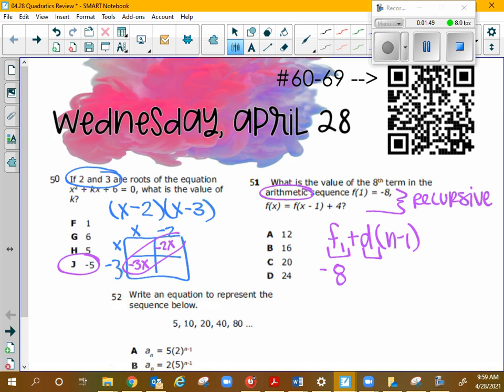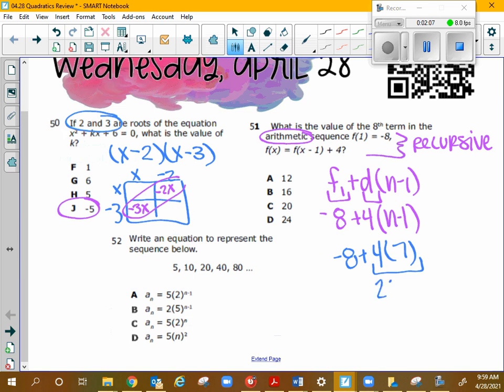What's d? 4. And if I'm trying to find the 8th term, then it's going to be times 7. Very good. So negative 8 plus 4 times 7. What's 4 times 7? 28. Plus negative 8? 20.